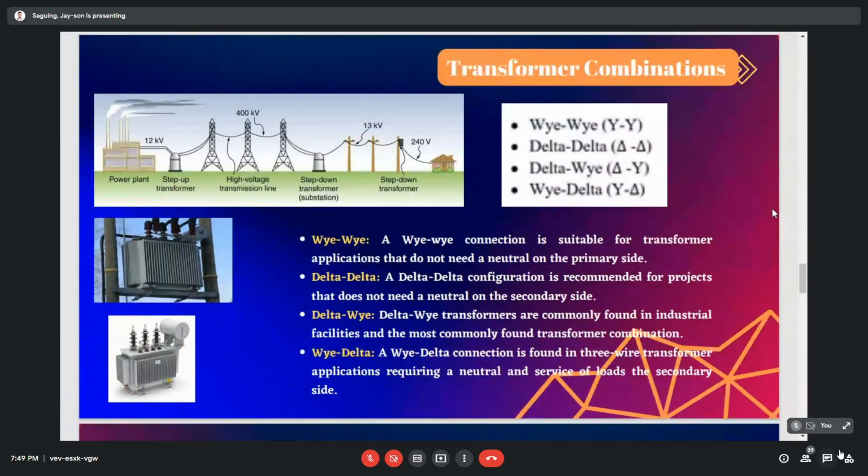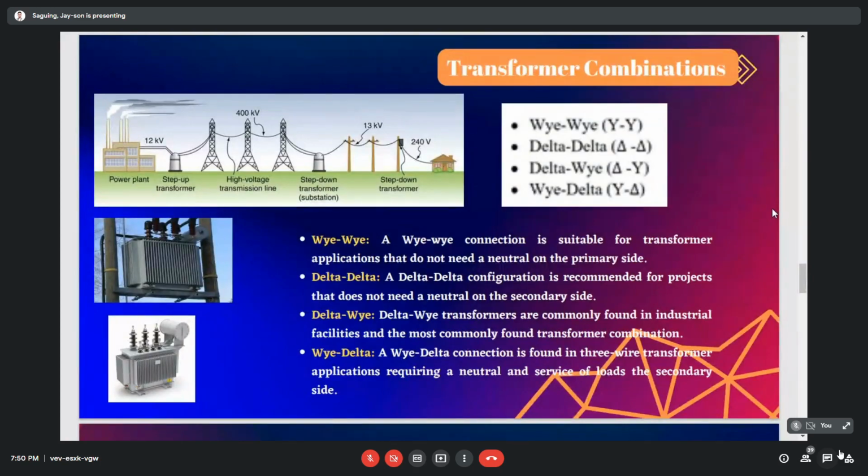Delta to Y is commonly found in industrial facilities and is the most common transformer combination. Y to delta is found in 3-wire transformer applications requiring a neutral and service of loads on the secondary side.